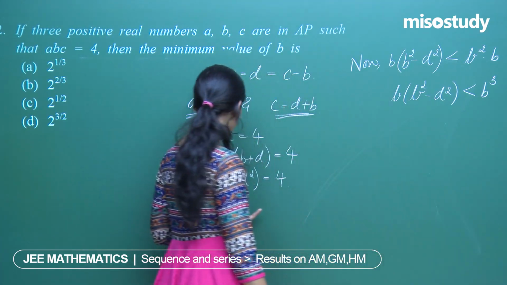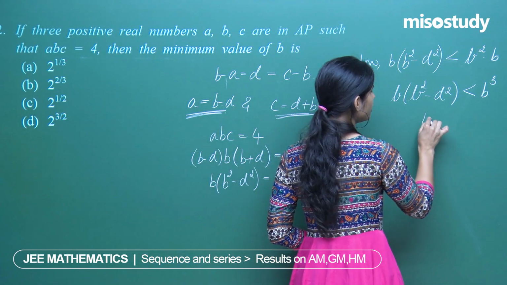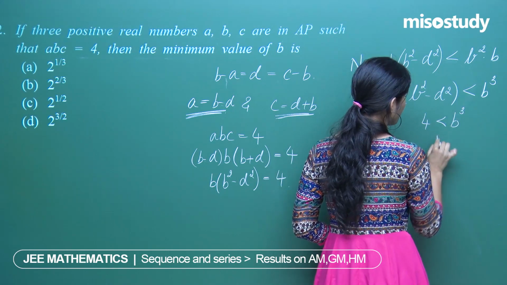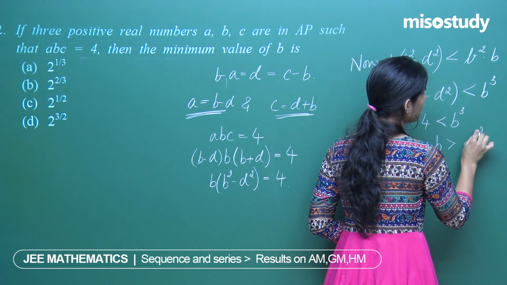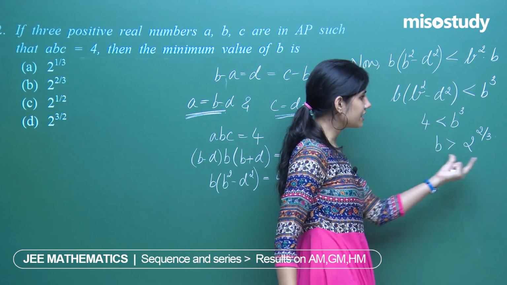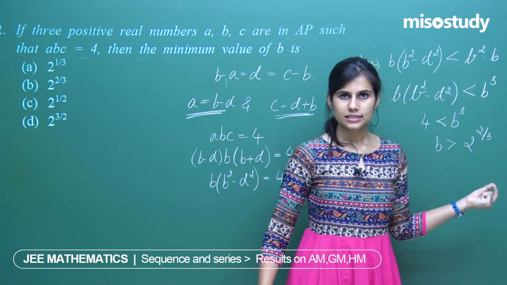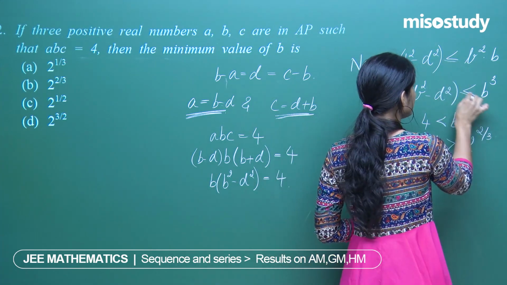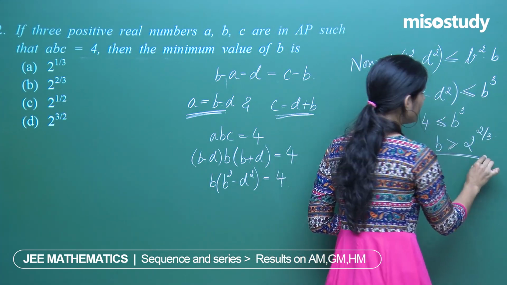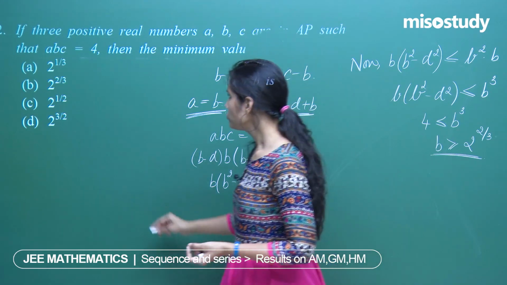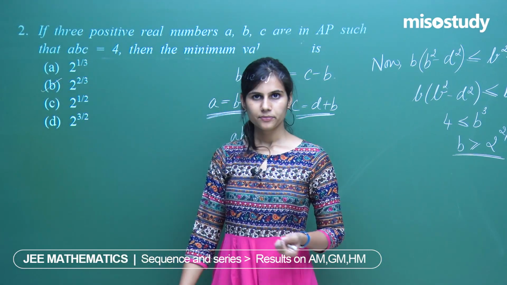But B into B square minus D square is actually 4. So 4 is less than B cube, or B is greater than 2 to the power 2 by 3. If B is greater than 2 to the power 2 by 3, that means the minimum value is this. You can take it to be equal, and then you are going to get the minimum value. What is the minimum value? 2 to the power 2 by 3.